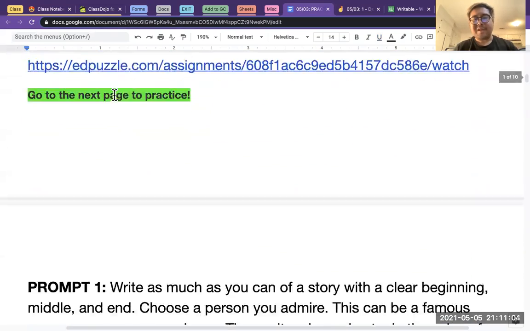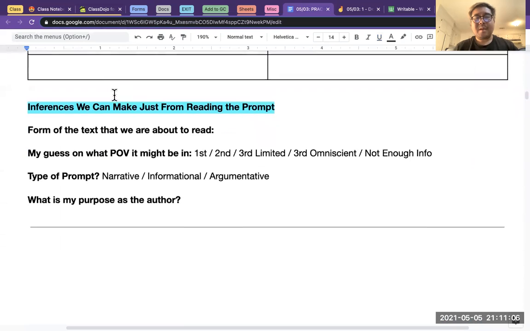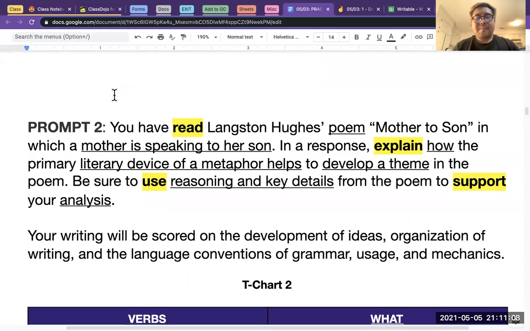And also the link to the video if you wanted to watch that video. So, practice it a few times. Get confident in memorizing the steps to deconstructing a prompt. And practice writing your T-charts on a piece of paper. And by the test, you should be able to deconstruct a prompt in 2 to 3 minutes.